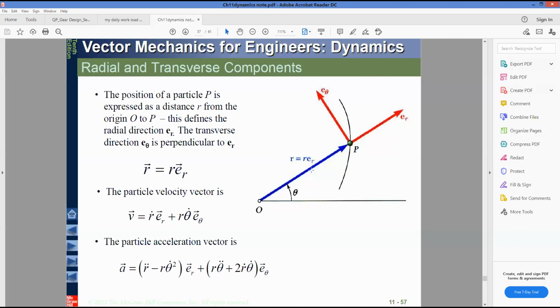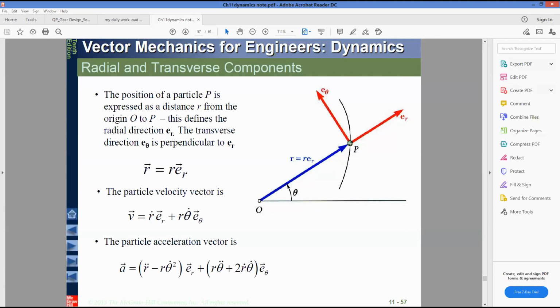So r is equal to r e_r. Here the first r is the vector, and the second r is the magnitude of that length, this blue arrow. So this length is indicated by r, and e_r is the unit vector along this direction.